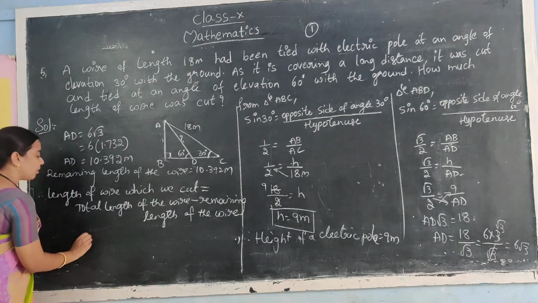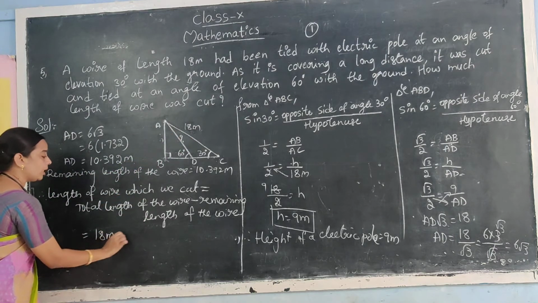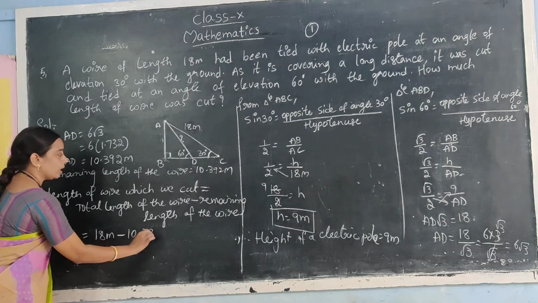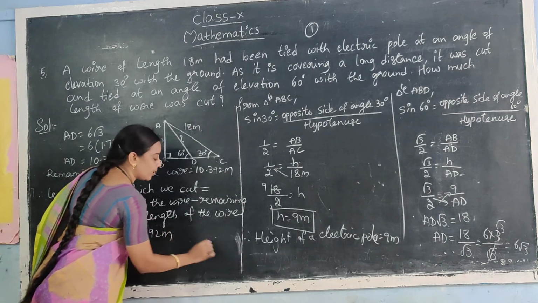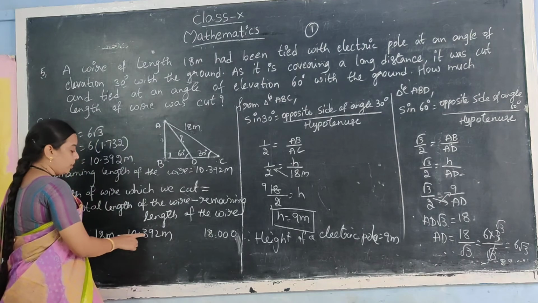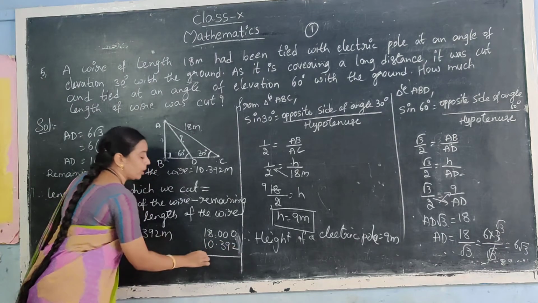Now total length of the wire, how much is given in the diagram? 18 meters minus remaining length of the wire, how much did you get? 10.392 meters. Now subtract this. 18 can be expressed as 18.000. Now this remaining is 10.392. Now subtract this.